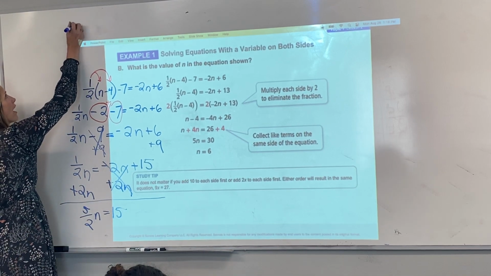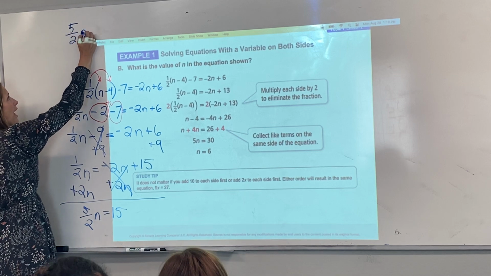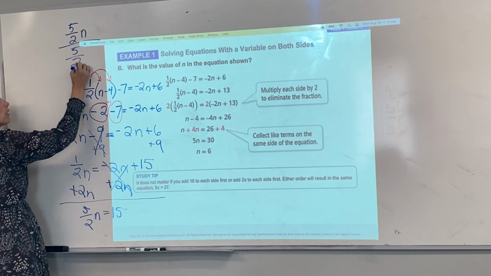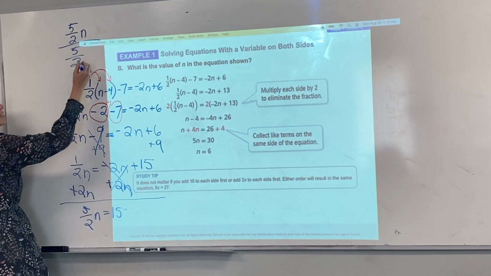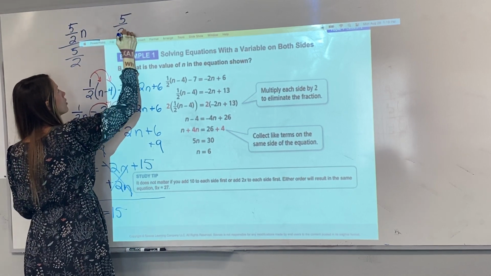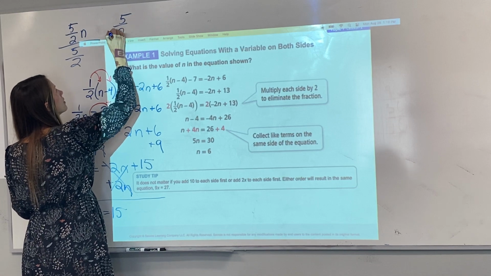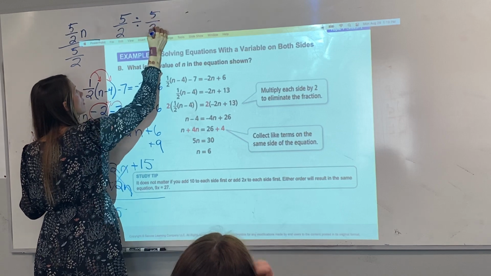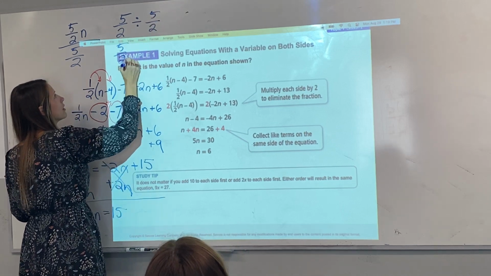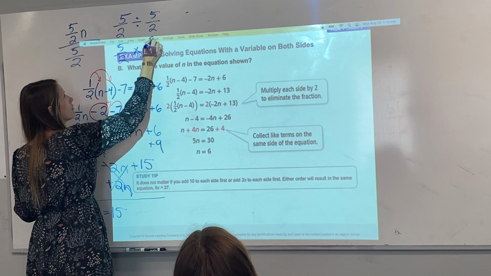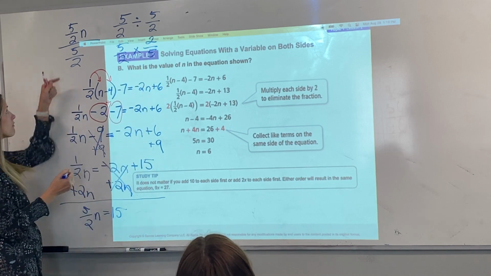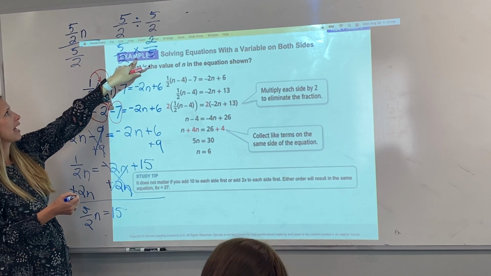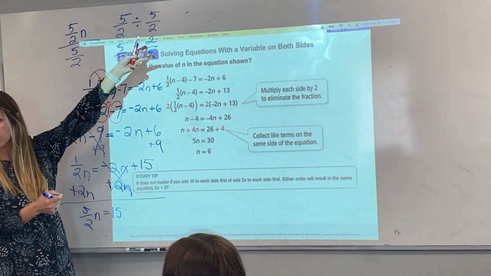So if I have 5/2 times n, and I want to divide by 5/2 and cancel it out, isn't 5/2 divided by itself keep, change, flip? So when we're dividing a fraction by itself, we're really multiplying it times the flip, the reciprocal.